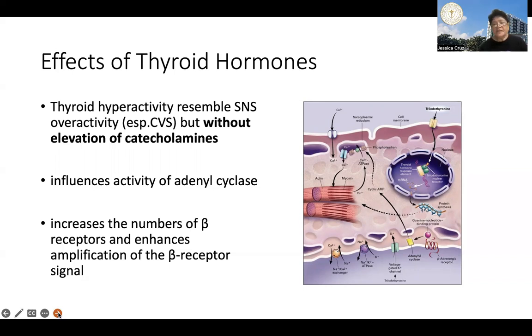So by this way, it also increases the number of beta receptors, and by their action on cyclic AMP, you have an enhancement of the amplification of signals along the beta receptors. Kaya one of the prominent symptoms of effects of thyroid hormones is cardiac activation. So overdose of thyroid hormones will often lead to cardiovascular events.